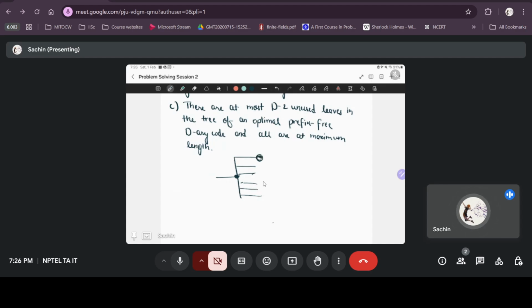Then there will be at most one code word here, and the rest are all unused leaves. Or if there are D unused leaves, you will get a node from which there are no code words. In that case, you can eliminate all these unused leaves and replace them with the node as an unused leaf.